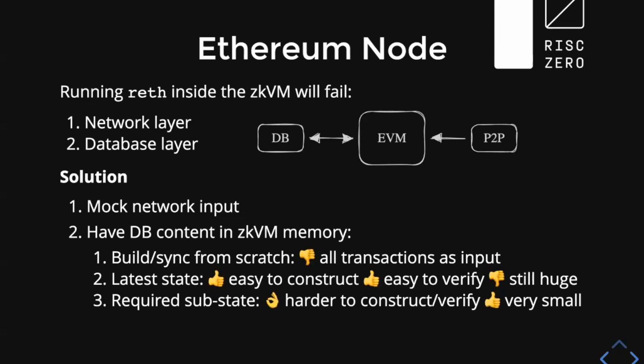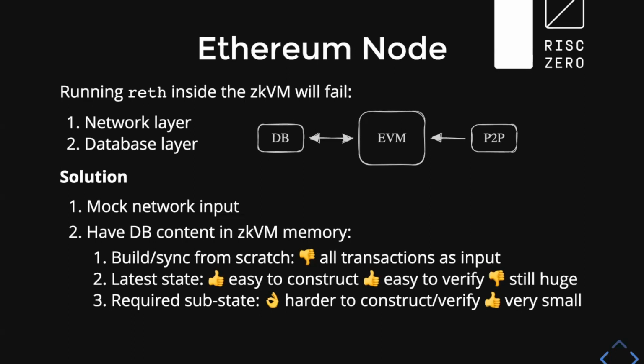So the final idea is that we don't need the entire state. For one block, only certain accounts are even touched or read. We don't need all the other accounts, right? So we want to extract the substate, only the part of the state that is relevant. We have to extract this and also verify it.